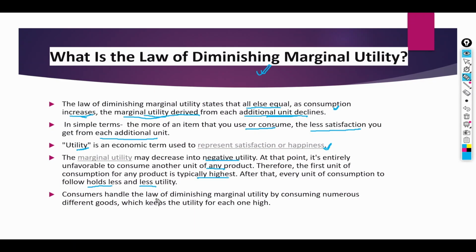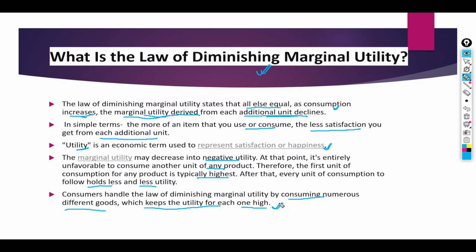So consumers handle the law of diminishing marginal utility by consuming numerous different goods. Now you got it, which keeps the utility for each one high. And as a consumer, we have this psychology. So as a producer, they knew this thing, so they modify their products, their services accordingly.